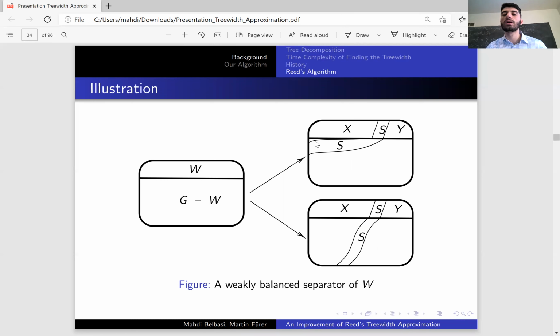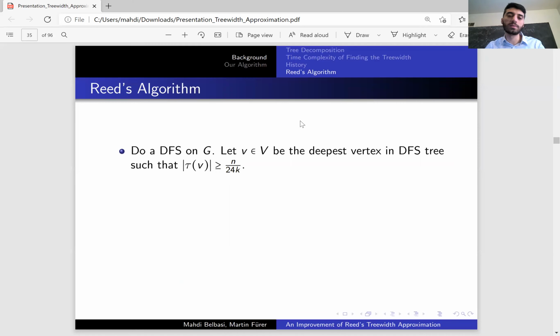So it might separate in a balanced way as we have here, or in a very biased way. Maybe this is empty, or maybe just one vertex, two vertices, or whatsoever, right? So this is a weakly balanced separation of W. So we separate W at most 2/3, at most 1/3 to 2/3.